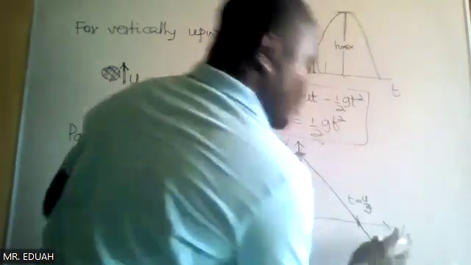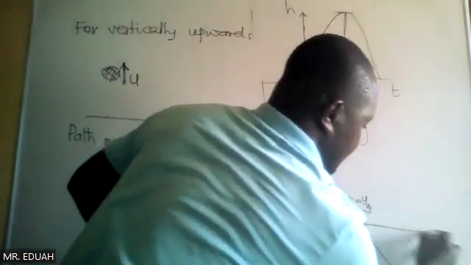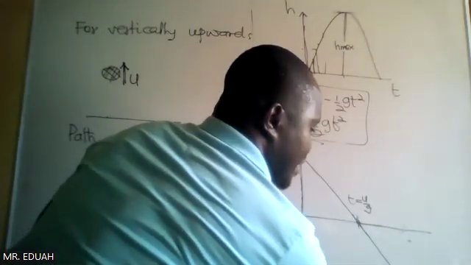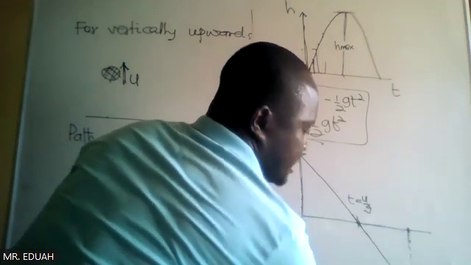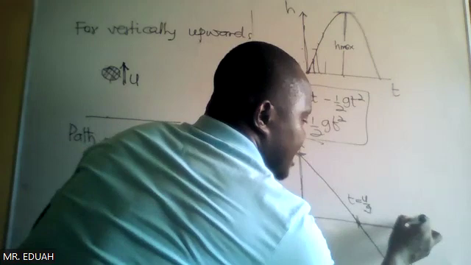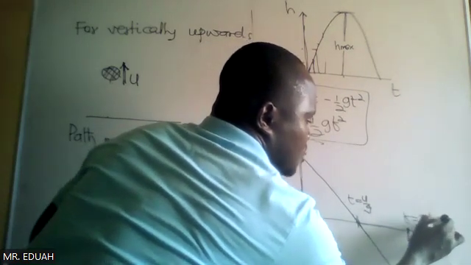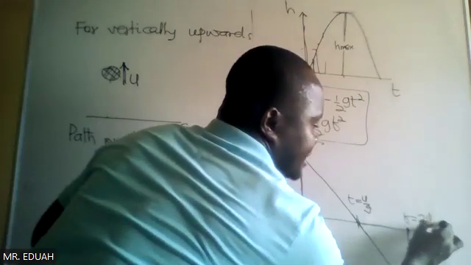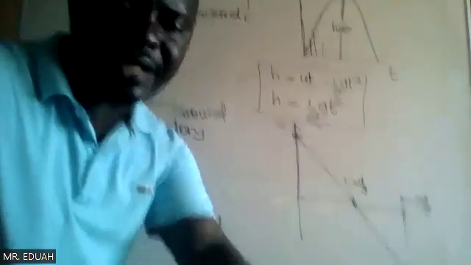up to a point where its velocity is twice. So the time to this point is t equal to 2 times u over g.